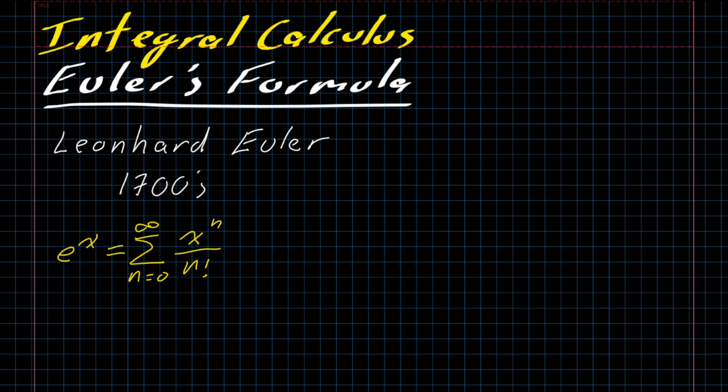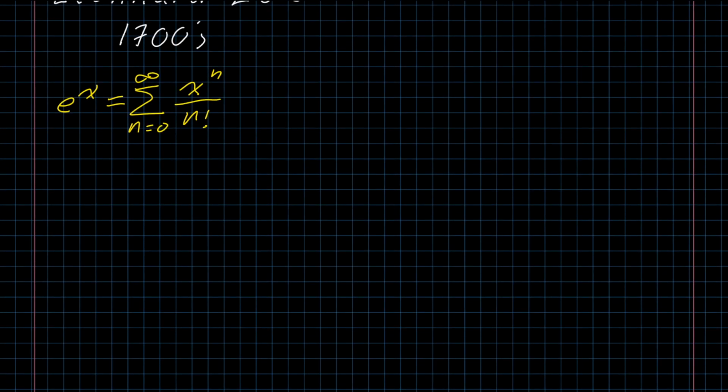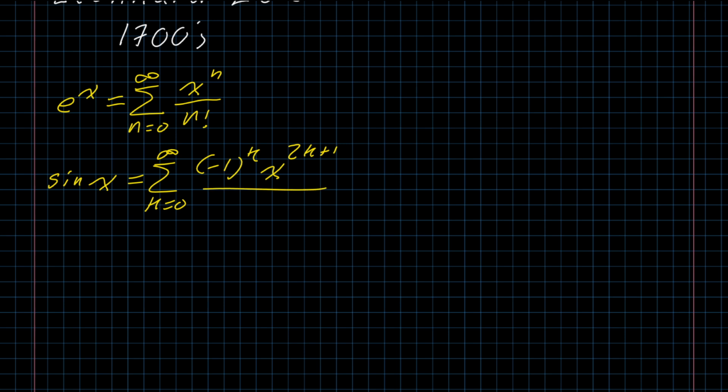It will also be useful to us here to have a couple of other power series in mind. Specifically, sine of x is the sum, k goes from 0 to infinity of negative 1 to the k, x to the 2k plus 1 divided by 2k plus 1 factorial.